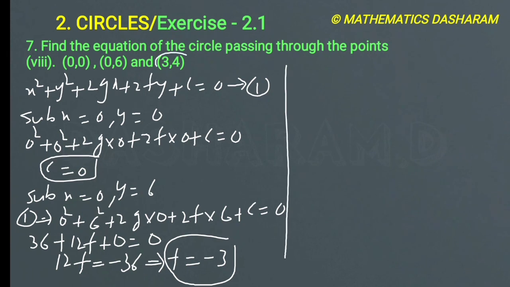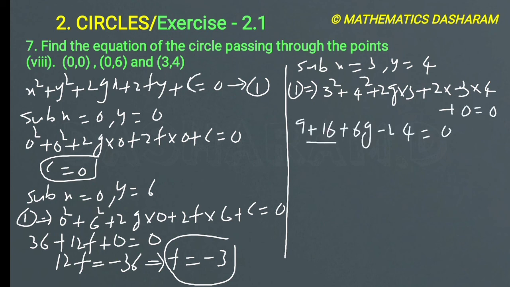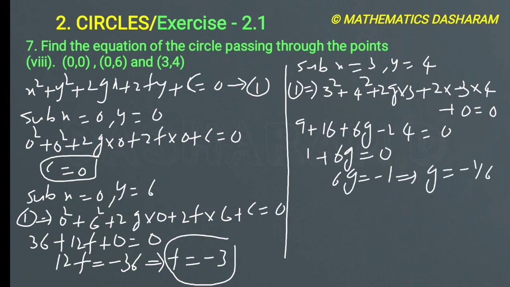Next, substitute the third point 3 comma 4. So here 2 into f value is minus 3 into y value 4, and c value is 0, it equals 0. So 9 plus 16 is 25, 25 minus 24 is 1, plus 6g equals 0. Then 6g equals minus 1. From this g equals minus 1 by 6.